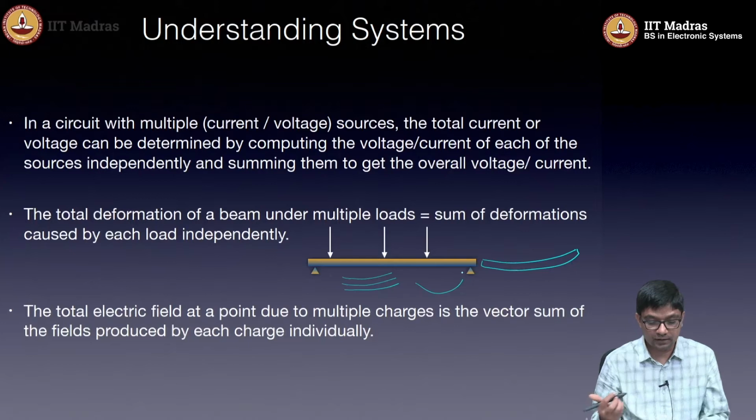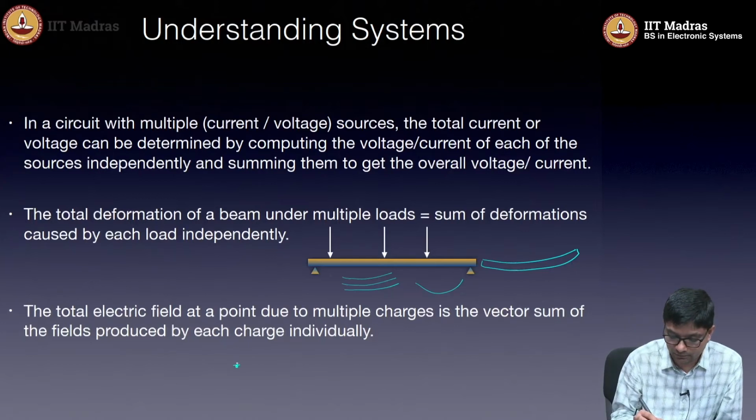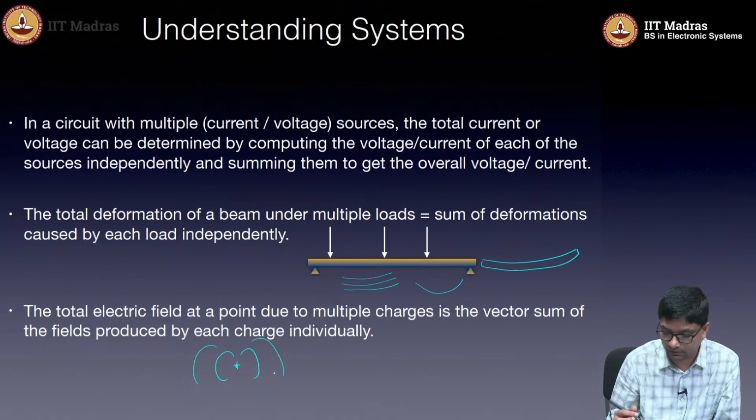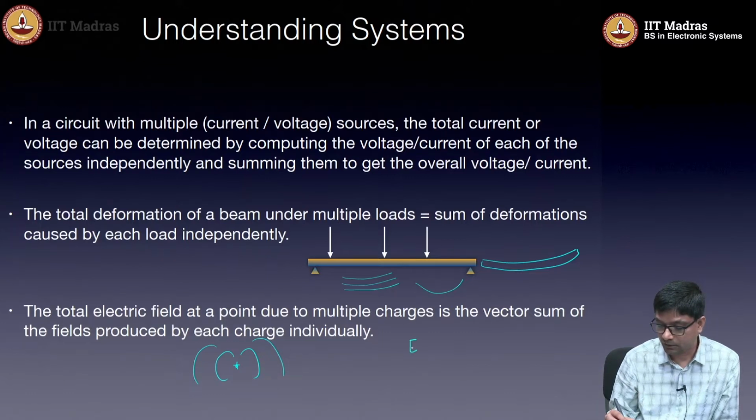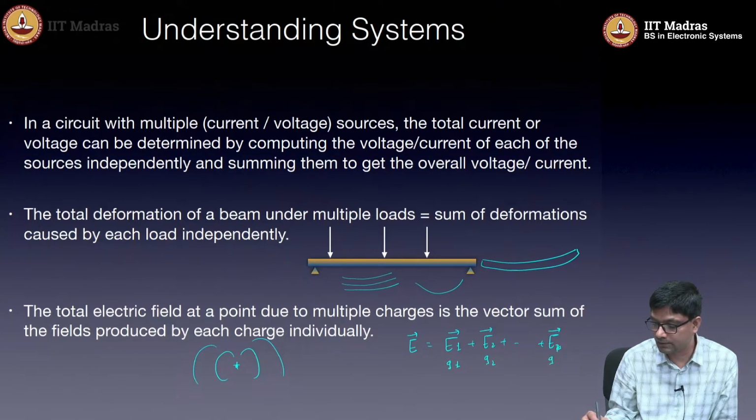Also, if I have a charge and some kind of an electric field, not drawing the best of pictures, the electric field at a point due to multiple charges, if I call this E, is the vector sum of the field produced by charge Q1, the field produced by charge Q2, all the way till charge Qn.